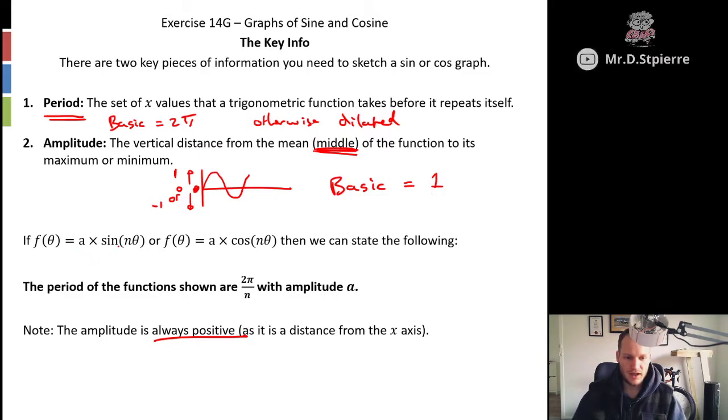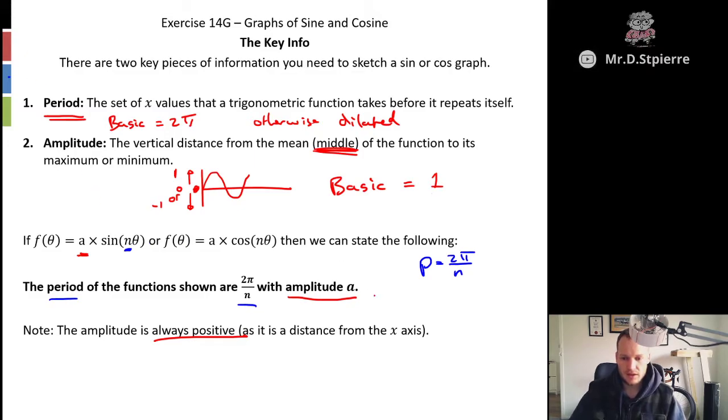If we have a sine n theta, a will actually be our amplitude, and then n will affect our period, where the period is equal to 2 pi on n. So just to put that, our period is equal to 2 pi on n. So it's not just n itself, it's 2 pi on n.